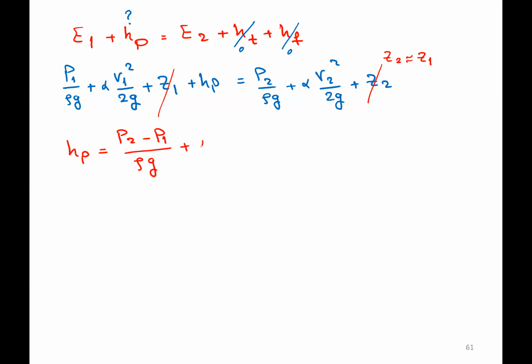And then the next term is alpha over 2G, and then we have V2 squared minus V1 squared. So from here I can calculate this HP.